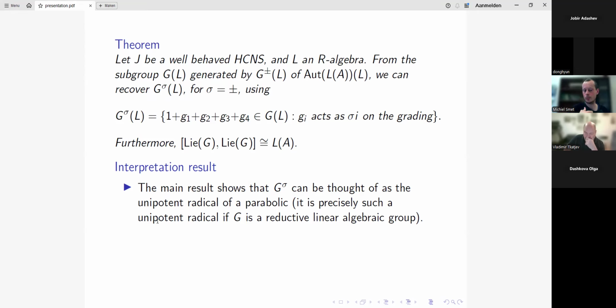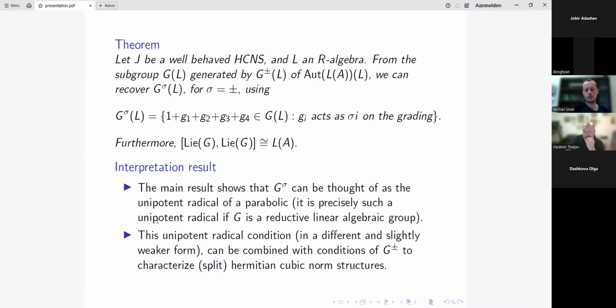This defines some sort of co-character of the bigger group G, and provided that G is a reductive linear algebraic group, this means that you can define parabolics associated to the co-character, and then you recover G plus and G minus as unipotent radicals of these parabolic groups.